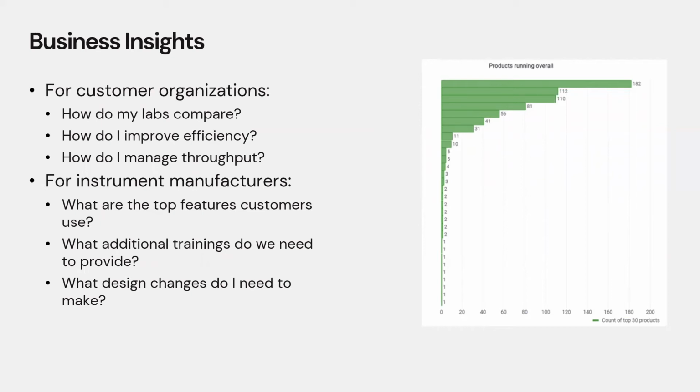Or even, if one lab gets a big order, can I shift some of the tasks or even ship some of the instruments from other labs to this particular lab to improve the throughput over time? So you can do a lot by understanding data statistically to figure out how you can improve the business operations.